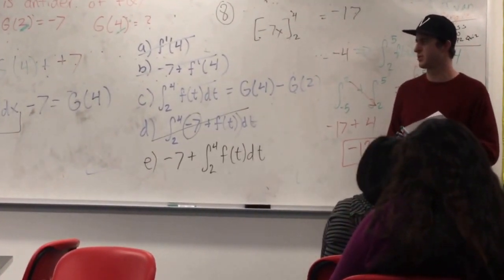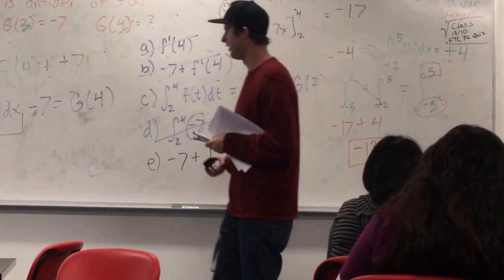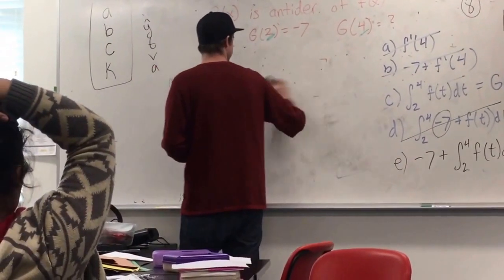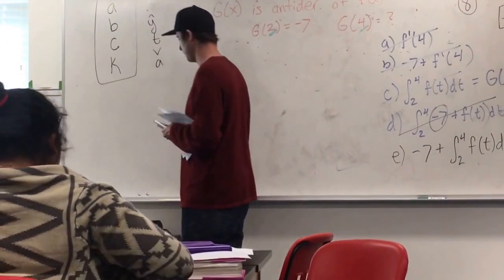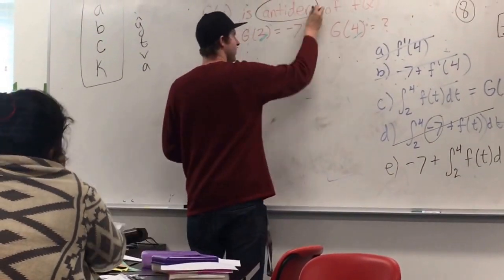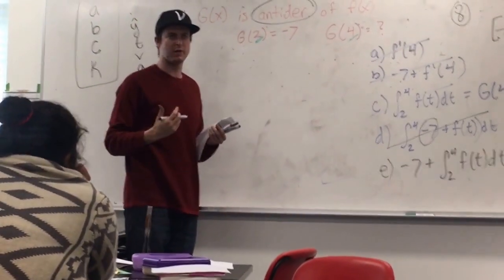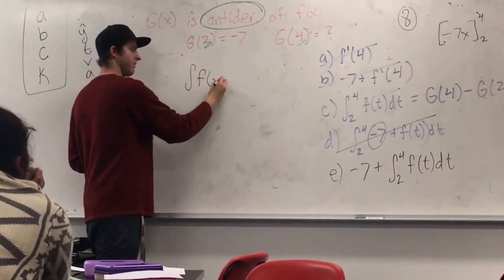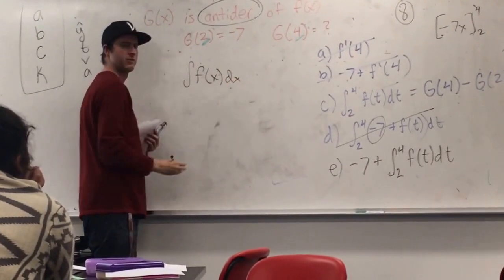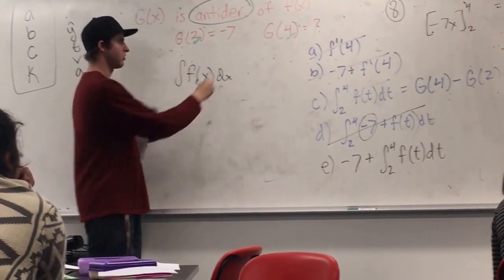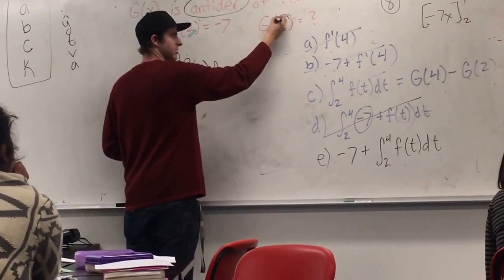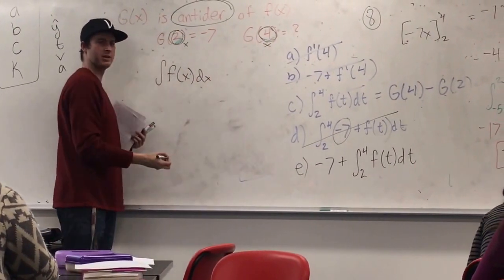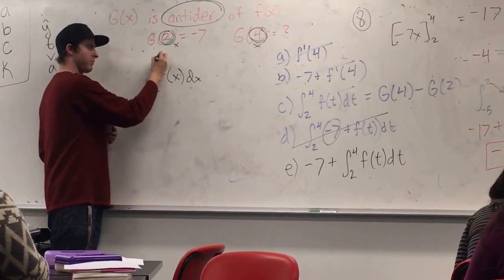But my strategy is, anytime I see the word antiderivative, I'm going to write down integral f of x dx. And then I see two x points, like g of x, so I'm going to put those in here.